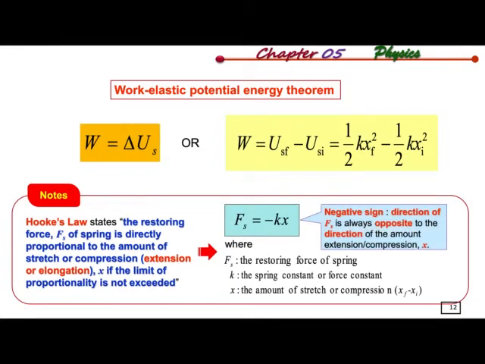In this energy, we are applying Hooke's law that you have learned in school before. Hooke's law states that F is equal to negative kx, where k is the spring constant and x is the stretching or compression amount.